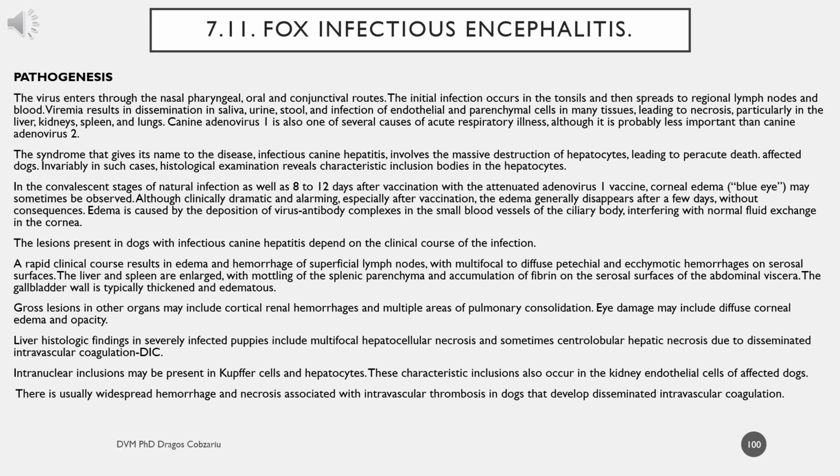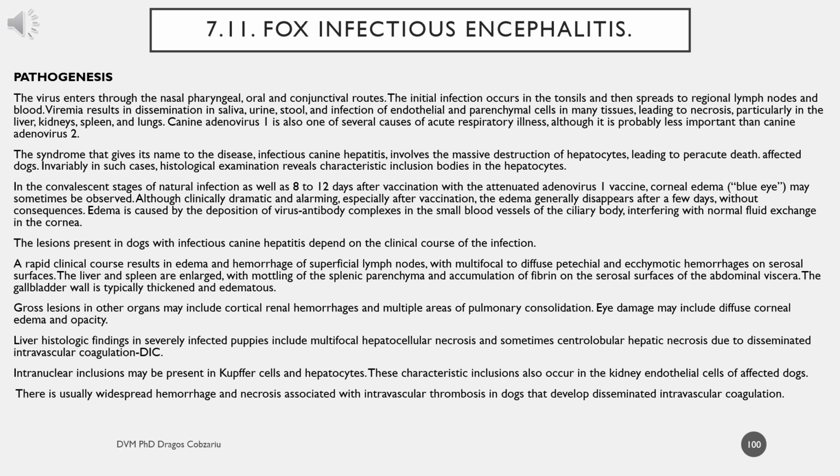Gross lesions in other organs may include cortical renal hemorrhages and multiple areas of pulmonary consolidation. Eye damage may include diffuse corneal edema and opacity. Liver histologic findings in severely infected puppies include multifocal hepatocellular necrosis and sometimes centrilobular hepatic necrosis due to disseminated intravascular coagulation (DIC).